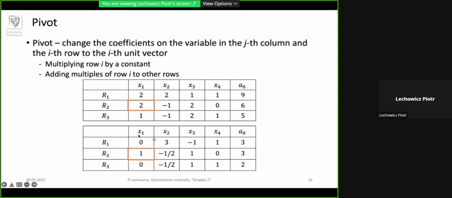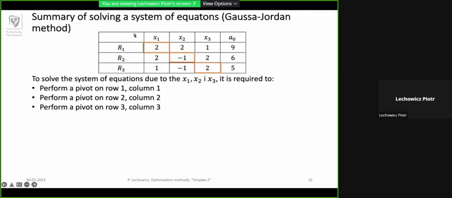So this is the result of our system of equations after applying pivot on first column and second row. And to summarize how we solve a system of equations using the Gauss-Jordan method, we are solving such a system of equations by performing a pivot on first column and first row, on second column and second row, and third column and third row.